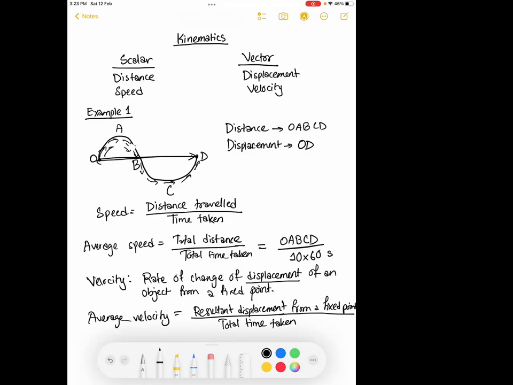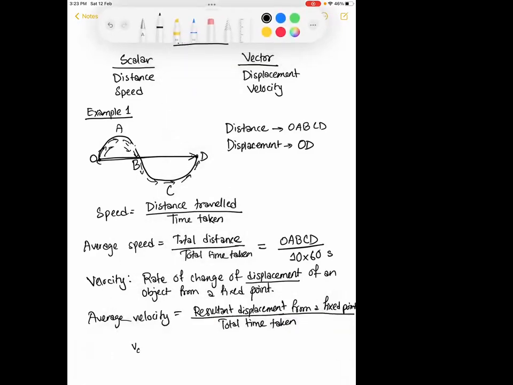So that is the average velocity. And simply write it like this: del x divided by del t. Now what is del x? Del x is basically the x final minus the x initial. X is the position. So x initial is the initial displacement from the starting point, and x final is the final displacement from the starting point.